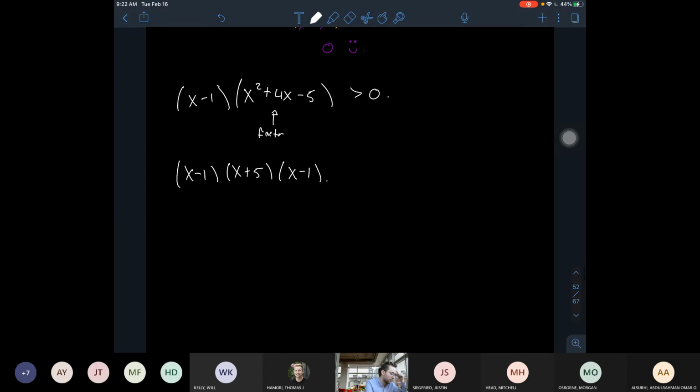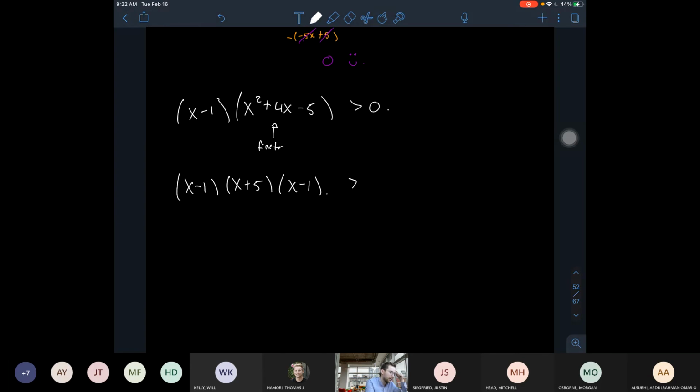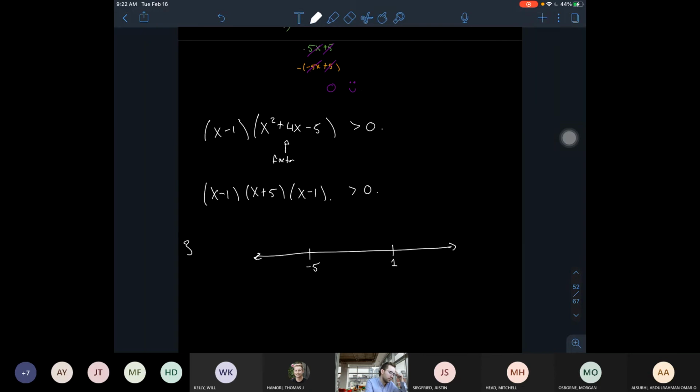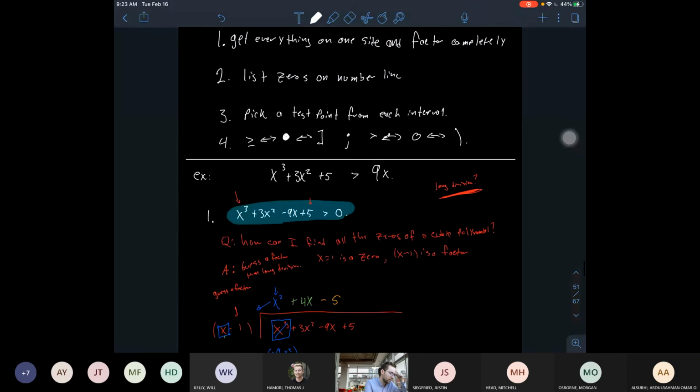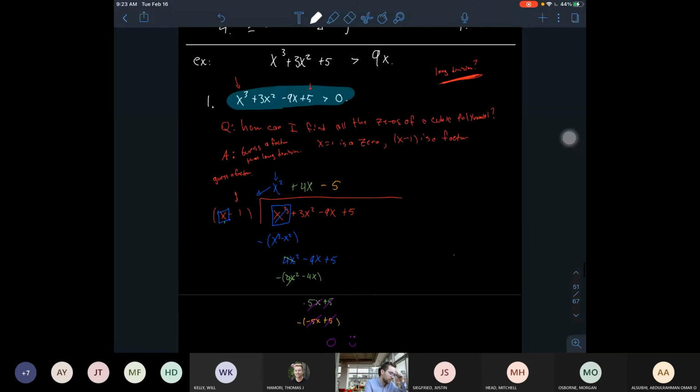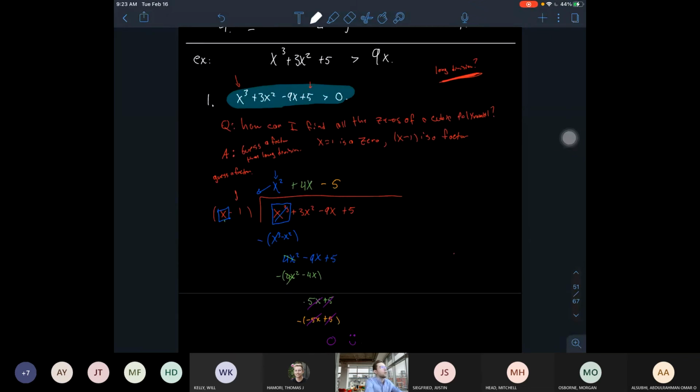So here's what I'm going to do now. Now that I have all of these things being multiplied together, all I'm going to do is plot them on a number line. I guess the only places that I really have to plot are at -5 and +1. Hang on a second.